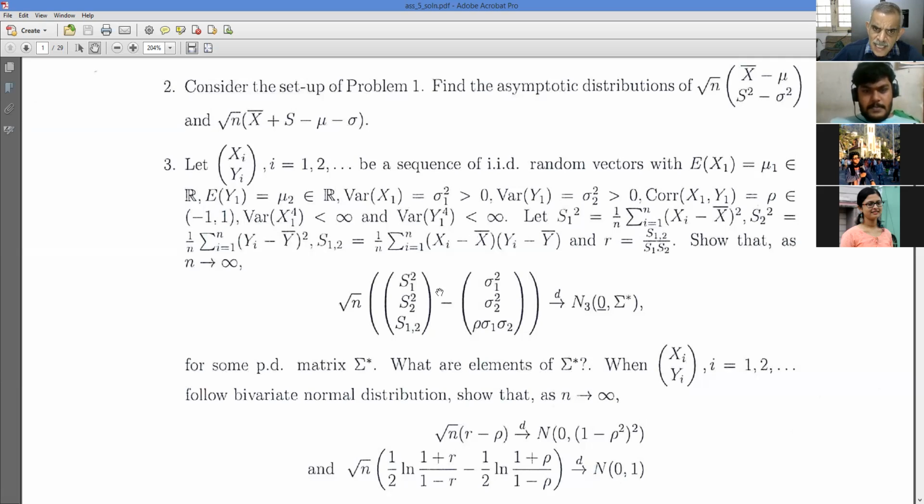Now, a similar generalization holds for the multivariate case. There is a concept of a multivariate central limit theorem. It is the same thing, except that now you take the mean component-wise. So Y1, Y2, ..., Yn, then Y bar 1, Y bar 2, normalized with root n, minus the mean, will go in distribution to normal(0, sigma star). And this sigma star is determined through the variances and covariances which occur in the sample means of the components, right?